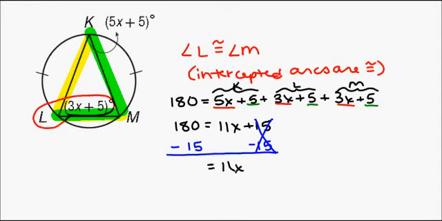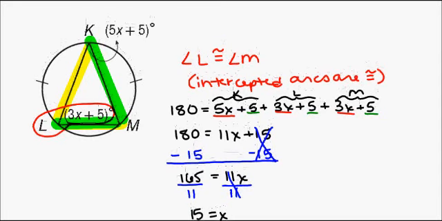Okay, so 180 minus 15 is 165. So I have 11x equals 165. Now we're going to divide by 11, and we're left with x is 15.